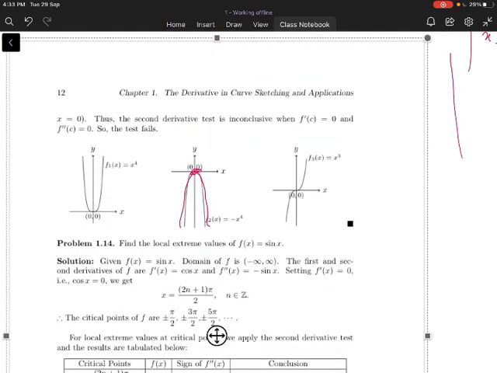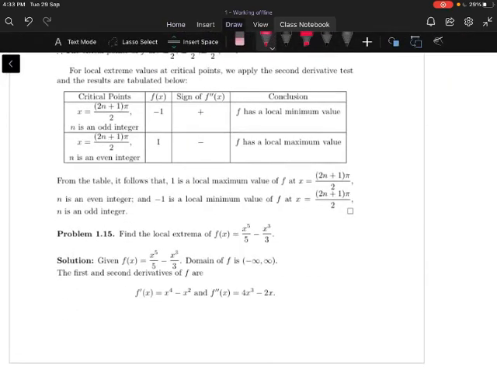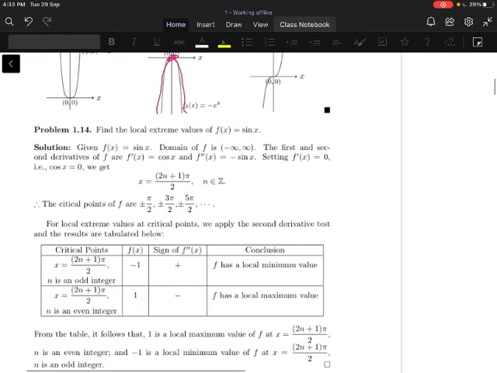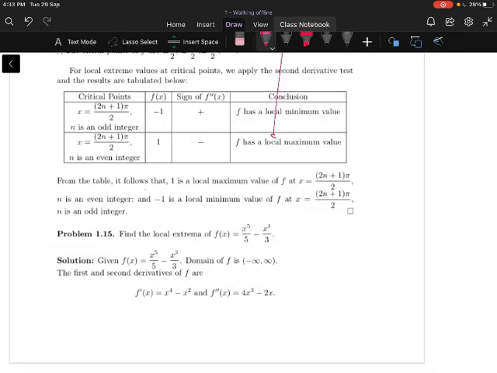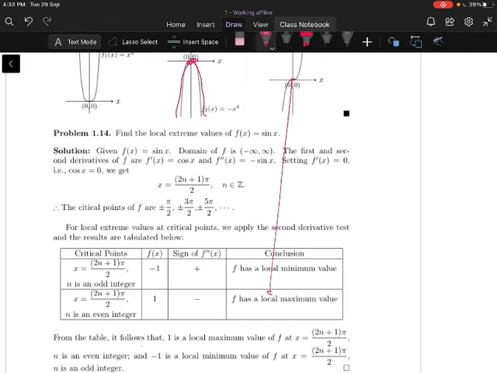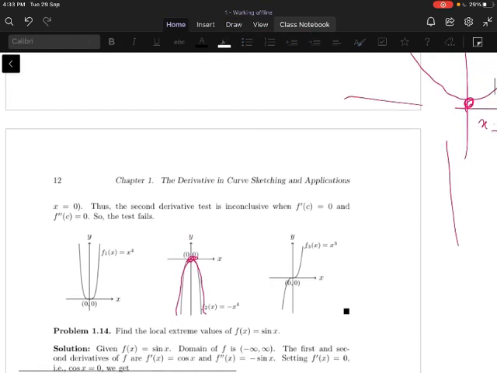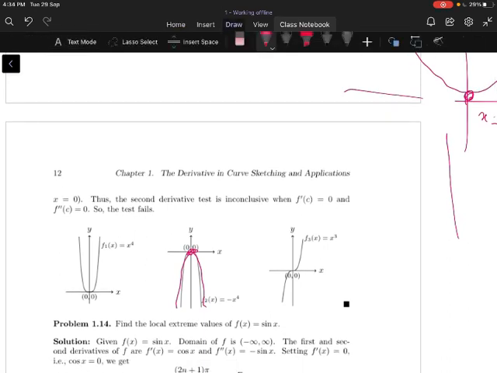Similarly, for f3, here you can observe that in this example f of x equals x cube.